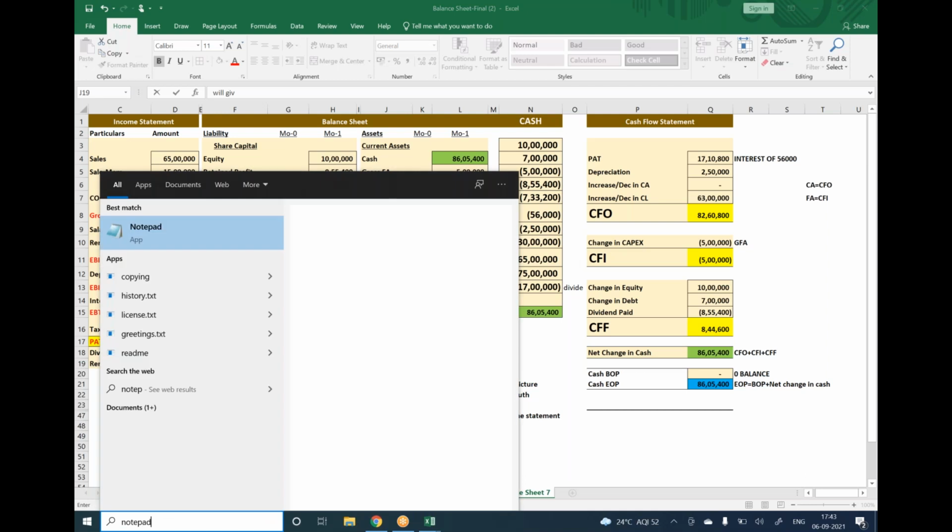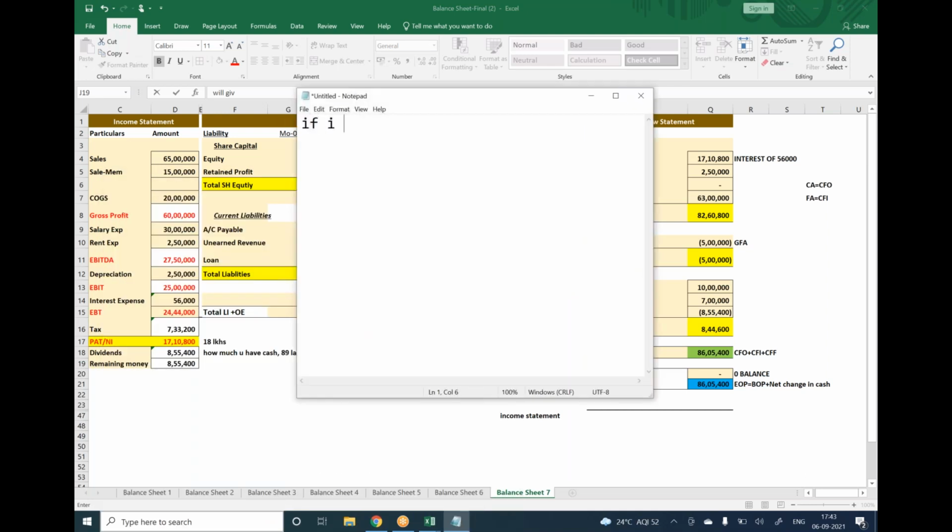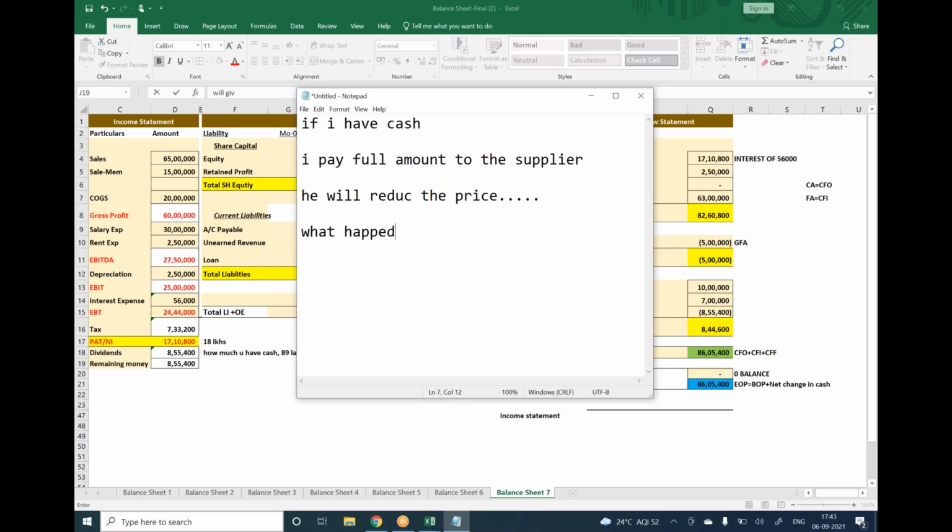I'll show you how the business works. If I have cash, I pay the full amount to the supplier. What will the supplier do in return? He will reduce the price because I have given him the full amount. When he reduces the price, what happens to my margin?